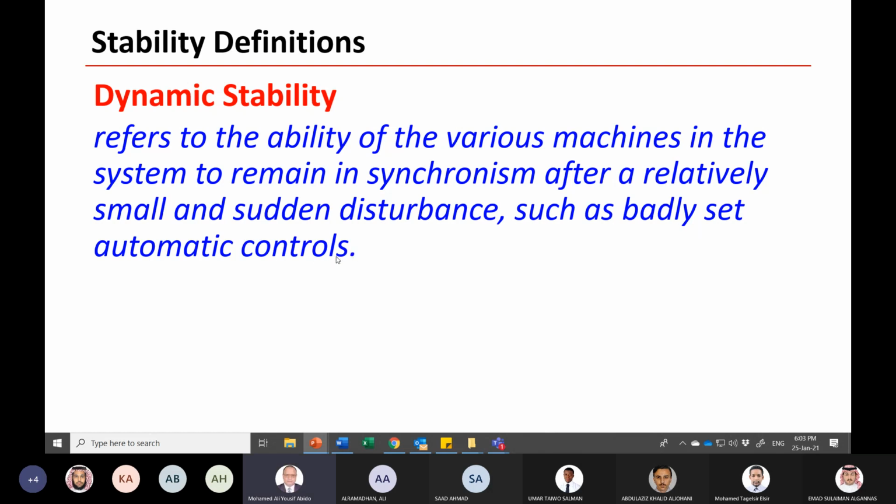You change the V reference in the automatic voltage regulator. For example, in the automatic voltage regulator you have the terminal voltage, V terminal, and V reference, and the error goes to the excitation, which produces flux here in the generator stator.